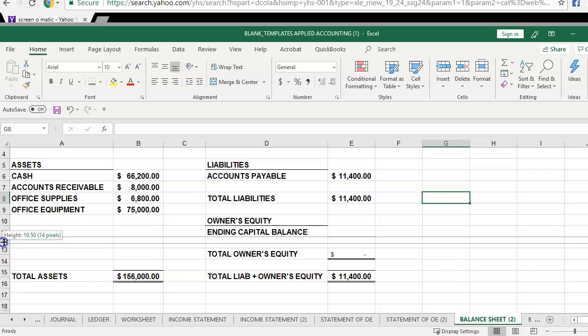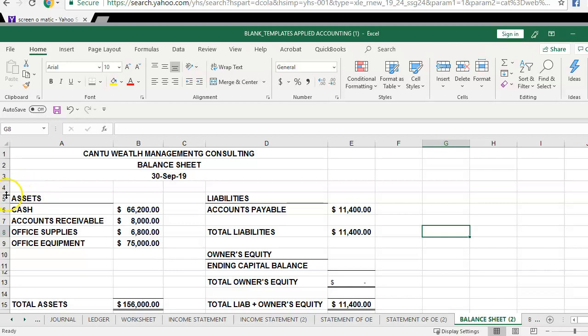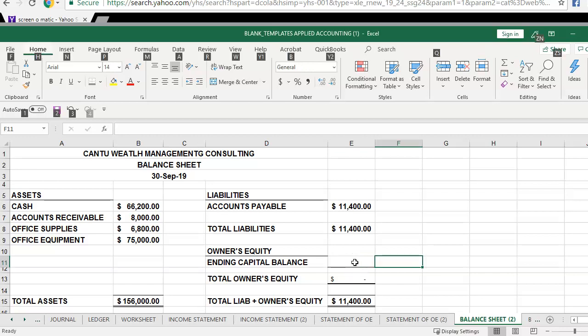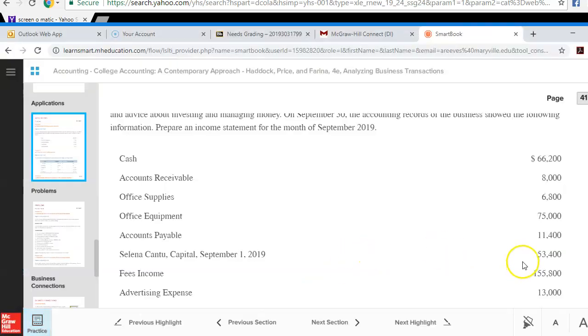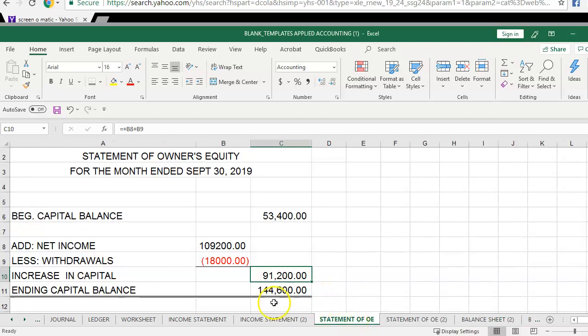Now remember that we're at the end of the accounting period, so we're going to show for each account their ending balance. So the ending capital balance is not this amount. That's September 1st. That was your beginning capital balance. It is now 9/30. The ending capital balance is coming from your statement of owner's equity.